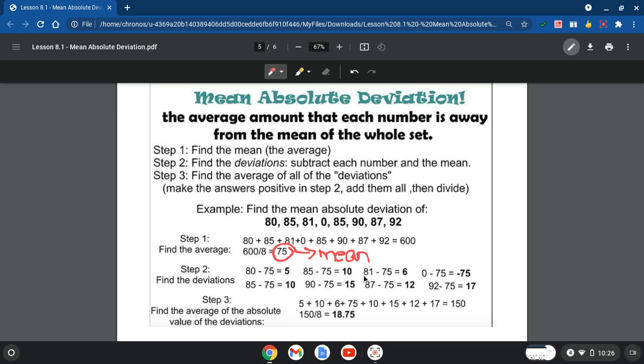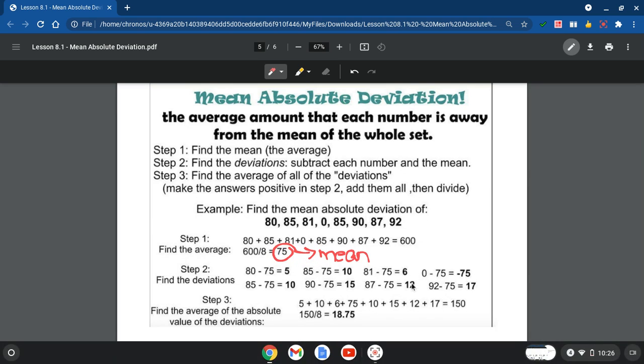Then 81 minus 75 is 6. Then 0 minus 75 is negative 75. 85 minus 75 is 10. 90 minus 75 is 15. 87 minus 75 is 12. And then finally 92 minus 75 is 17.